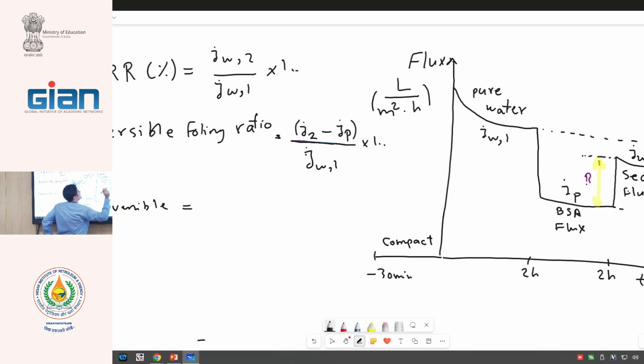Irreversible, this amount, GW1, GW2 to G. Okay?